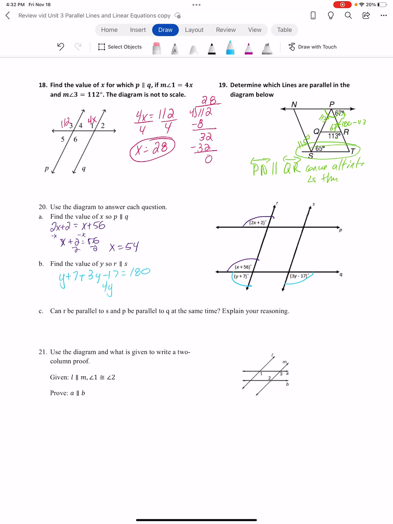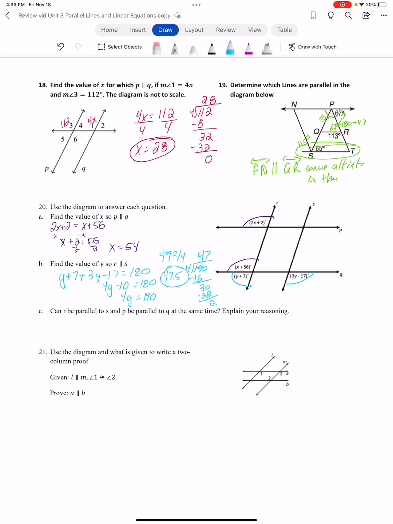So it's going to be 4y minus 10 is equal to 180. 4y is equal to 190. 4 goes into 190, 4 goes into 19, 4 times, minus 16, 30, 4 goes into 30, 7 times, minus 28, so we have 2 remainder, so it's going to be 47 and a half, which is 47.5.